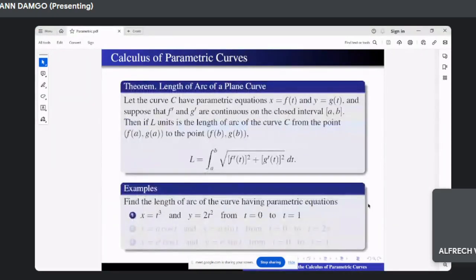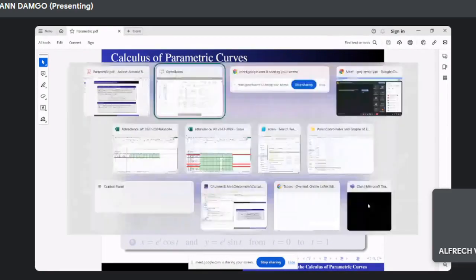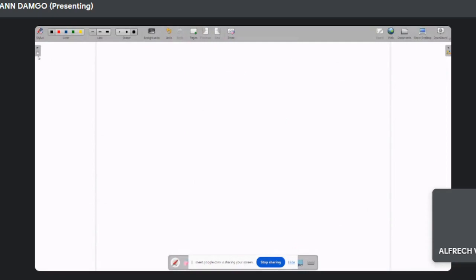So next, we have the arc length. The length of arc of a plane curve. Given the same, we have x is equal to f of t and y equals g of t. So these are the parametric equations of the curve C. So the length of the arc, we have x is equal to f of t, then y is equal to g of t.